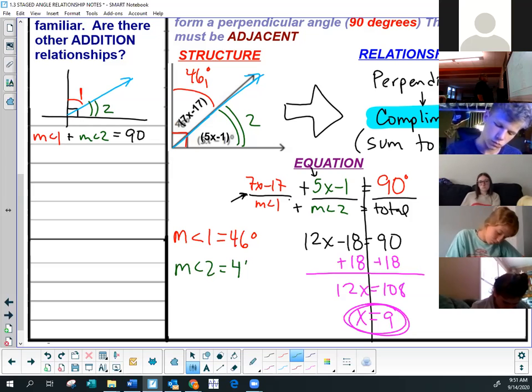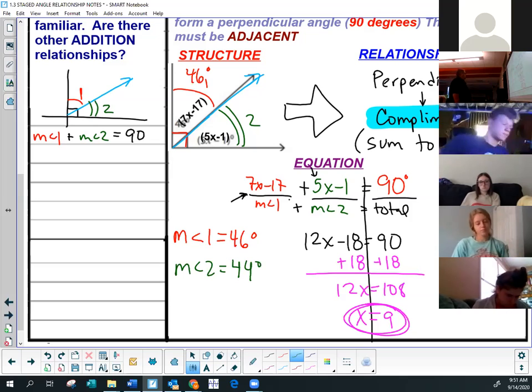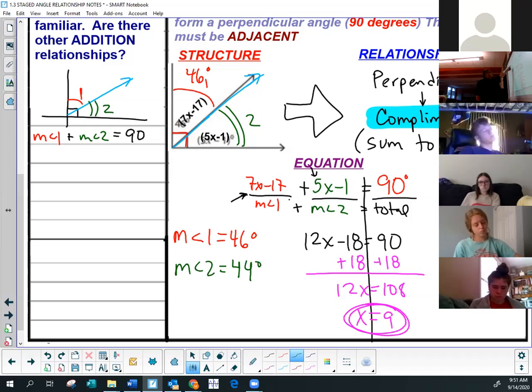Okay, and I would claim that you can get that 2 different ways. Way 1 is, of course, just plug 9 back into the original. So 9 times 5 minus 1. What's the other way we could have gotten 44? Subtract 46 from 90. Yeah, because we know the total has to be 90, so we can take advantage of that. 90 minus 46 makes 44. Either way is equally good.